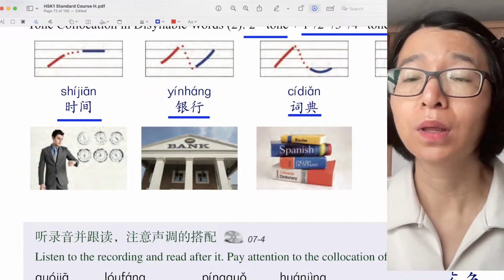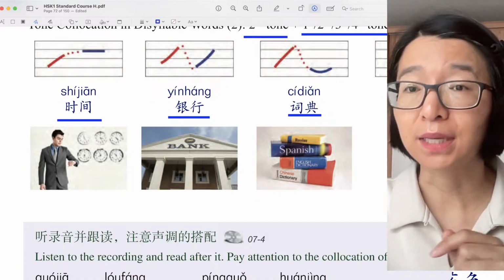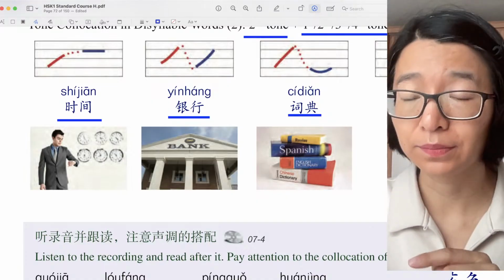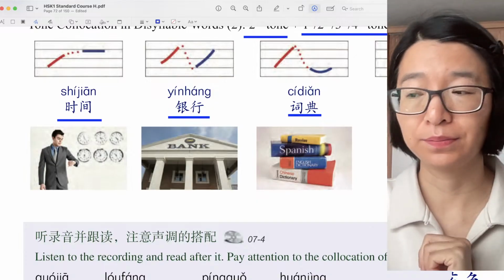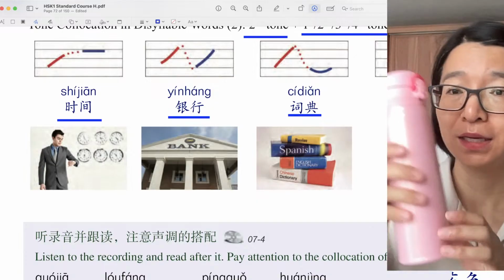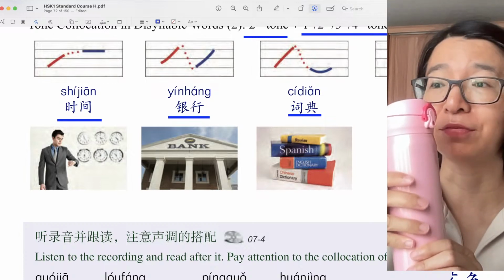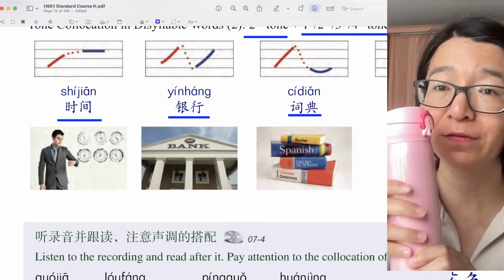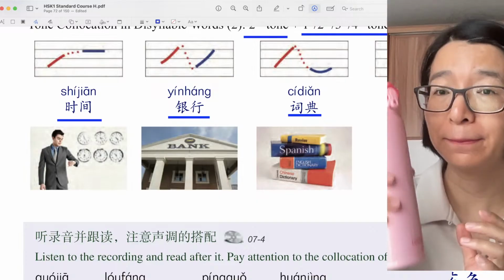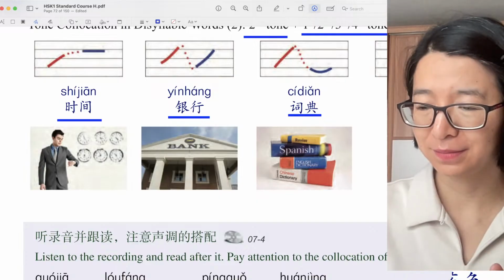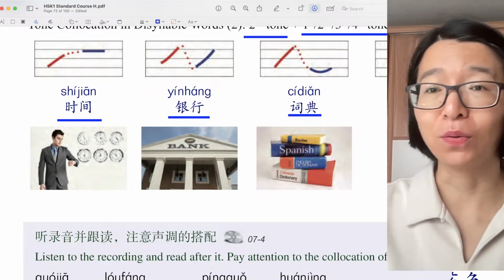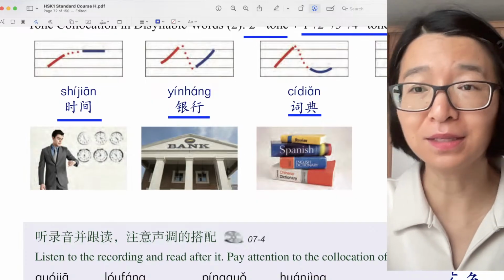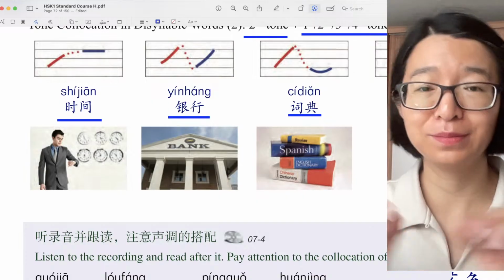For example, 白色 white, 红色 red, 紫色 purple, and my favorite color, 粉色, pink. 你最喜欢什么颜色？Let me know.